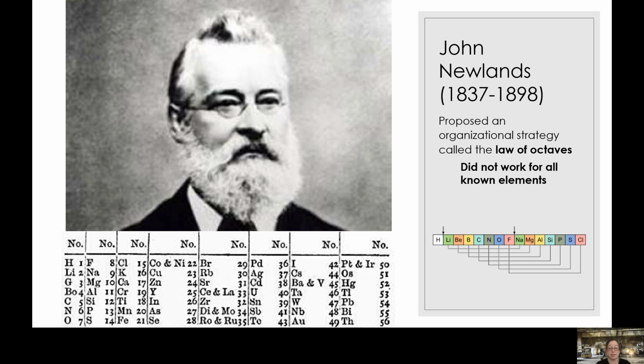Excluding hydrogen, it starts at lithium, and you can see the colors repeat. He said each of those is an octave of the periodic table. He got a little closer than Lavoisier did, but he still wasn't quite there yet.